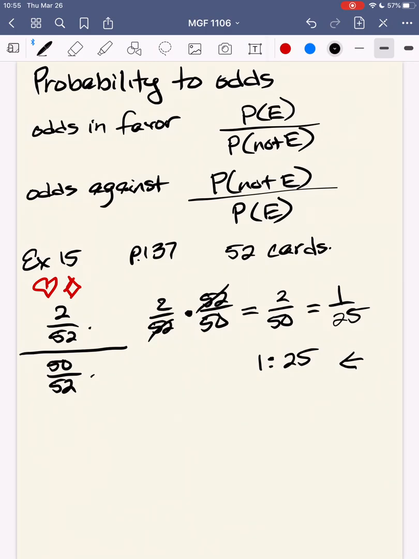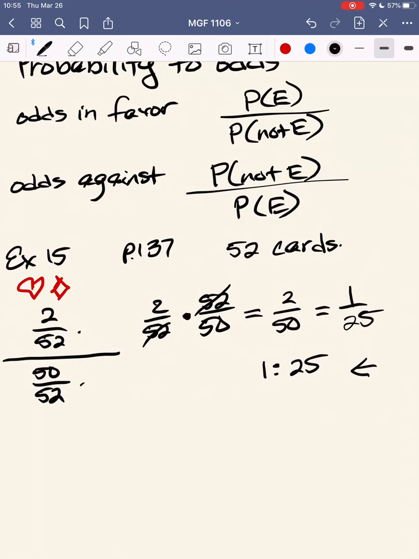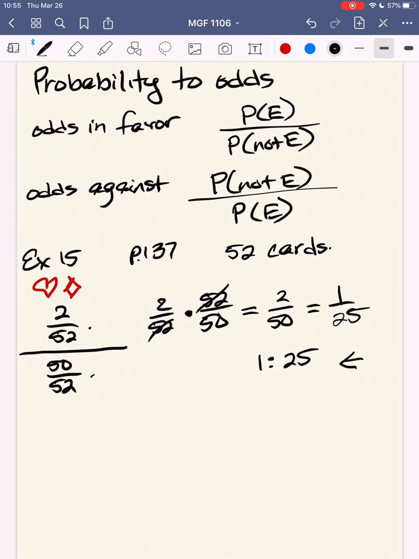Odds against getting a red queen, we would set up the same way. My iPad's giving me craziness. So I would have the odds against over my odds for, which we've already figured out.